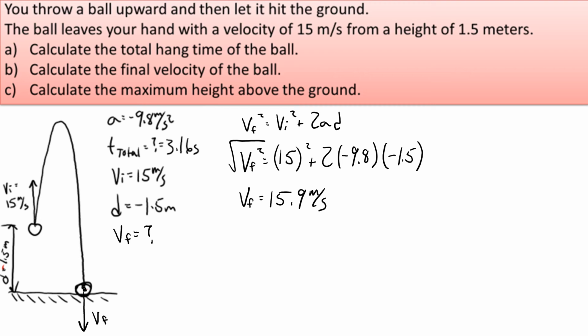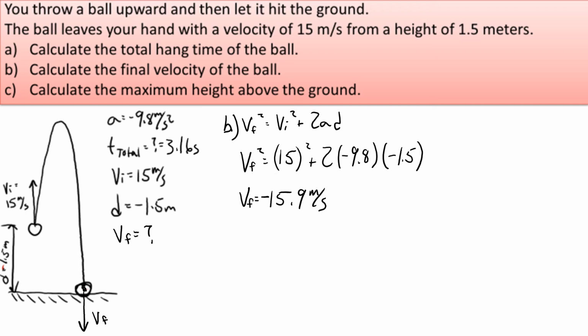And it just spit out the positive number for you. But don't forget, you could make this negative 15.9. It's like 0.94999 times negative 15.9 is still positive 254.4. That's what this was equal to. VF squared equals 254.4. So when you take the square root of that, you just make it negative because you know you're going downward.